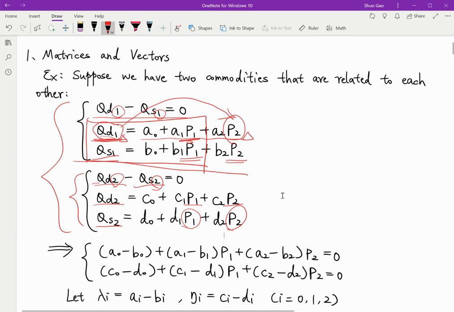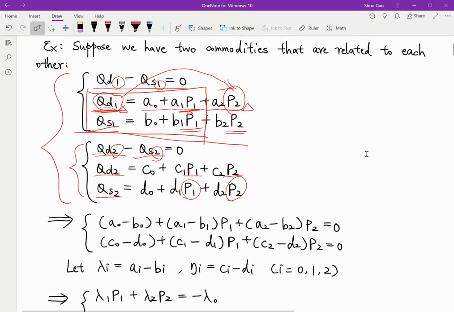And so here we can rearrange these 6 equations and get these 2 equations here. We get the first equation by subtracting QS1 from QD1. So that is QD1 minus QS1 equals, so we subtract the second equation from the first equation.